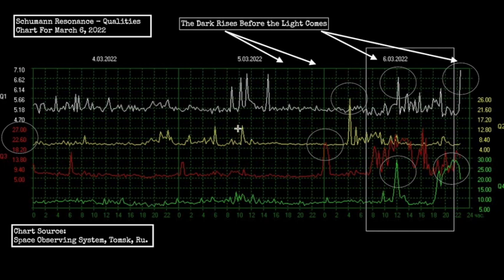Okay, now here are the qualities, and it's so amazing. This chart shows this concept so perfectly: the dark rises before the light comes. So the quality would be like the clarity of the frequencies, of the resonances, how close it is to the truth of its essence.